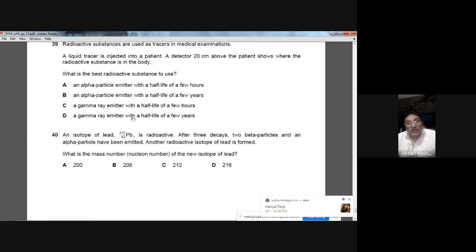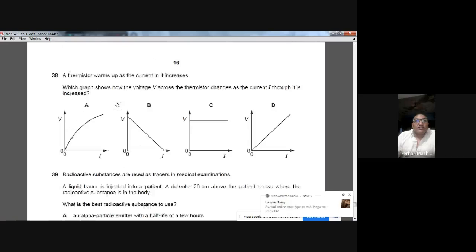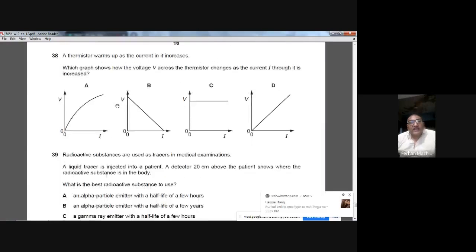Okay, so this paper is almost done, and I just want you to go back to question number 38 once again, because there was a little bit of confusion. A thermistor warms up as the current I in it increases. Its temperature is increasing.